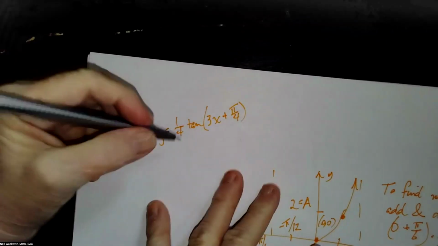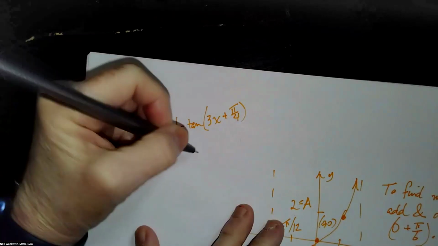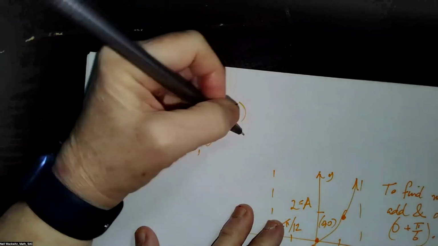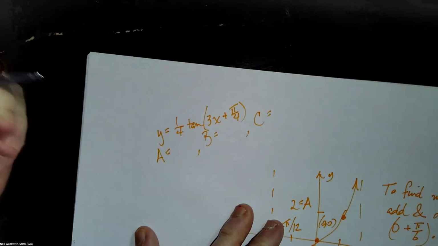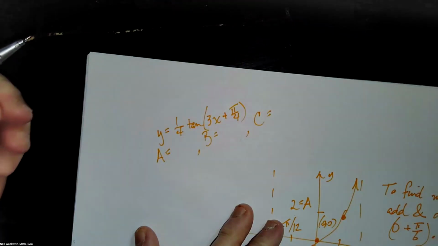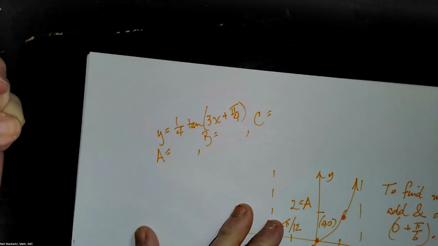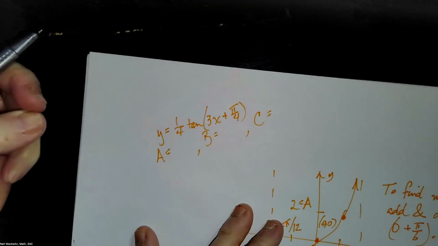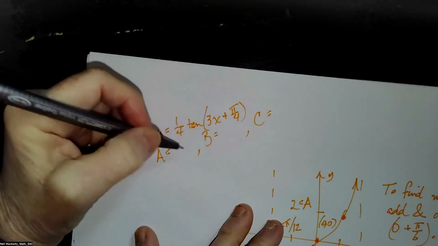All right. So A, B, and C. Sorry, I was writing that down. A is 1/4.